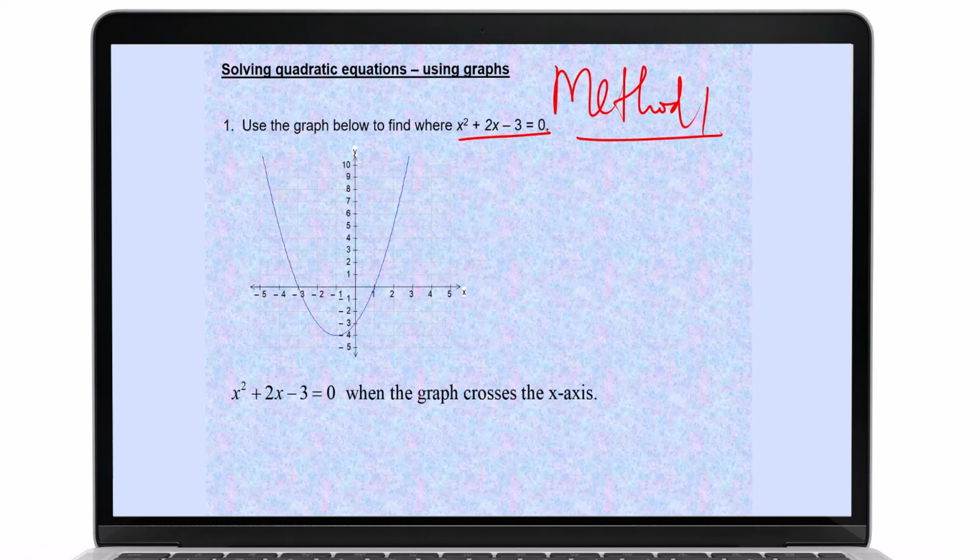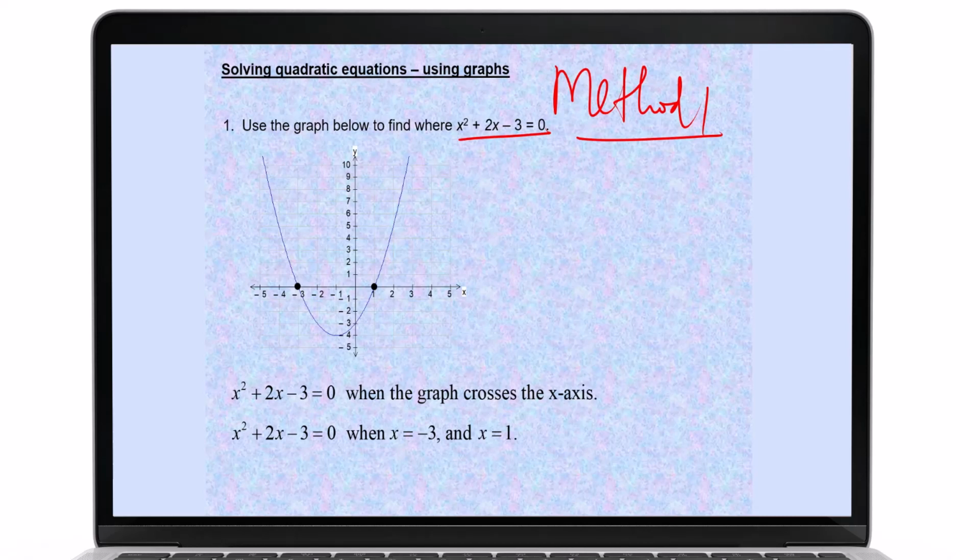When the graph crosses the x-axis, you can observe from your graph where that curve crosses the x-axis. It cuts the x-axis at 2 points, where we have -3 and 1.